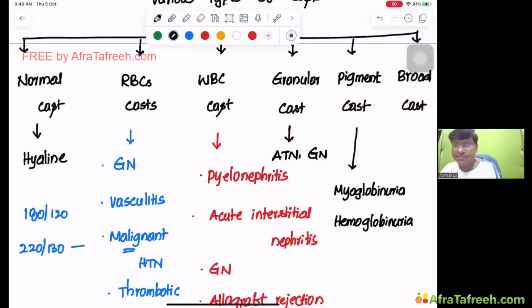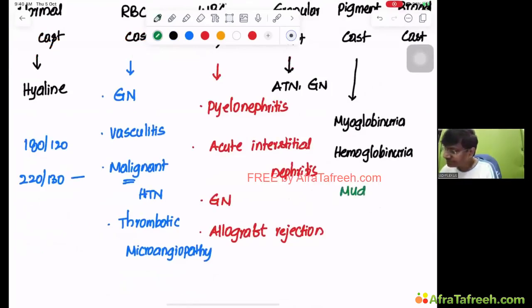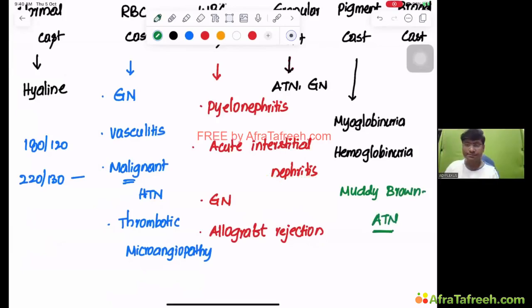Then the next important is the broad cast. And we have one more pigmented cast, that is muddy brown cast. Muddy brown cast, you see that in case of acute tubular necrosis, right? And then next is the broad cast.